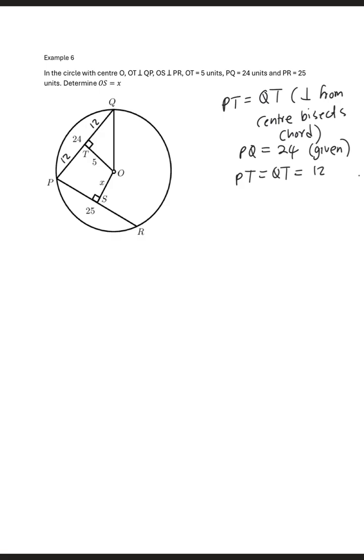Then now we're going to say in triangle OQT, then in that triangle we have Q here, we have T here, we have O, and we have 5. So we are looking for OQ, and OQ represents what?